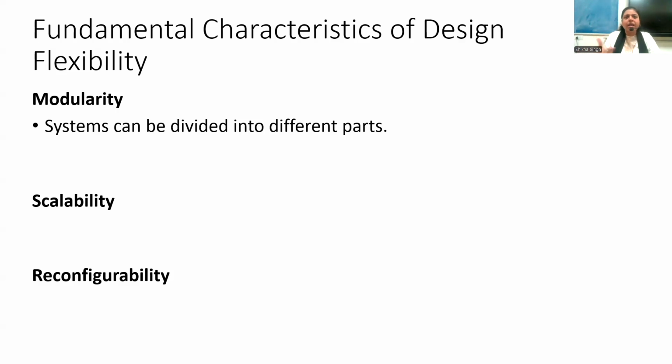As simple as that. When you say modularity, one popular word is modular kitchen. I hope in everyone's house these days you must be having a modular kitchen. What does it mean?